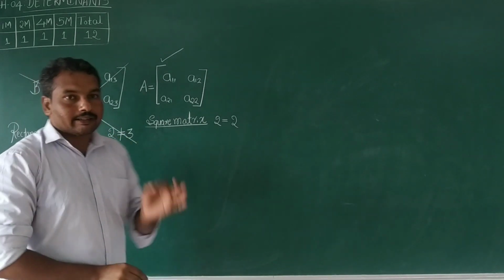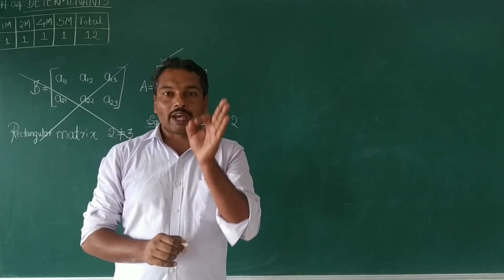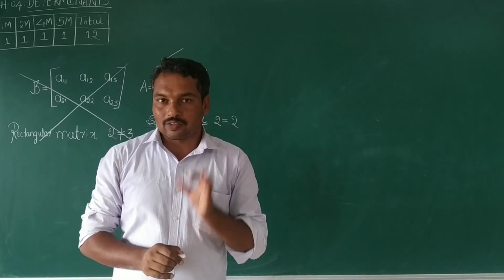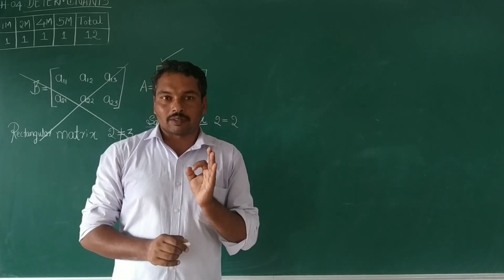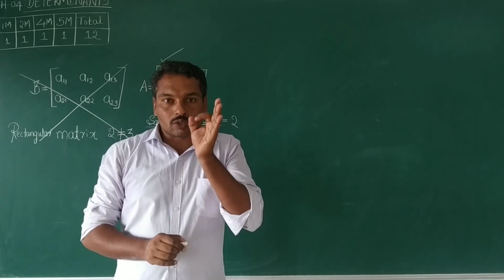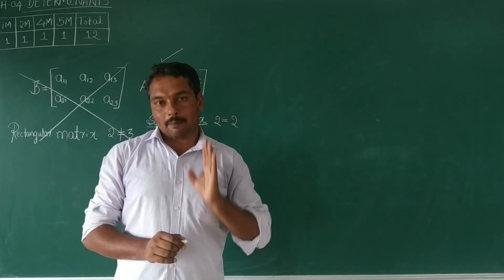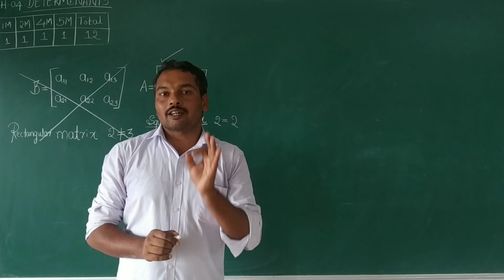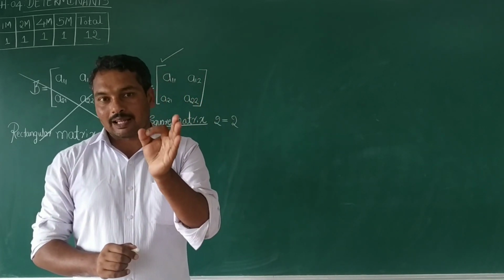That is, determinant is defined only for square matrices. So in this chapter, wherever I use the word matrix, that matrix is a square matrix, because determinant is defined only for square matrices.